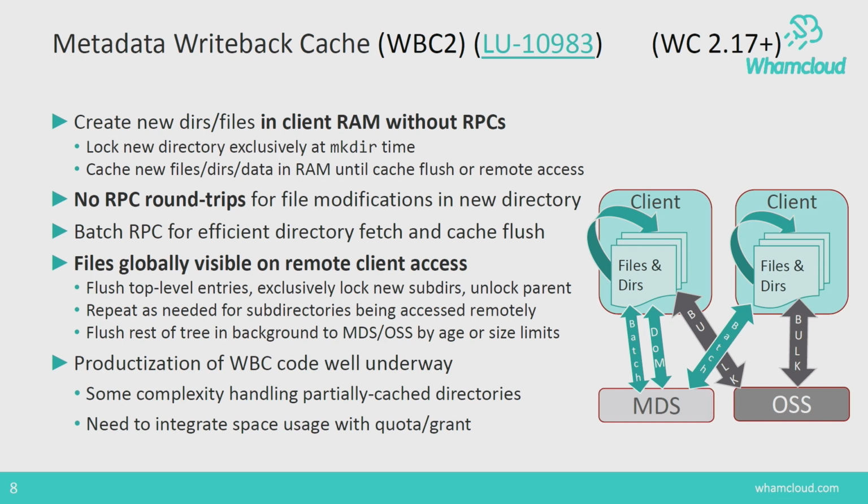And so if a client tries to descend through that directory, it revokes one level of the lock, gets exclusive locks on the next level of directories, flushes out the top level cache, and then, if a client is working its way down one directory tree, we only have to flush the cache on the one directory tree.